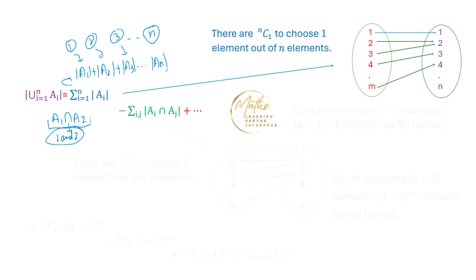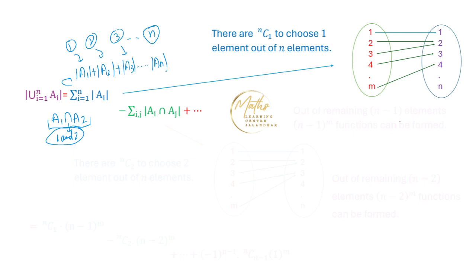What we mean to say is, we are talking about A1 plus A2 plus A3, and so on up to An. We have to choose one element out of these elements which is not an image. So how many ways are there to choose one element out of these n elements? There are nC1 ways.